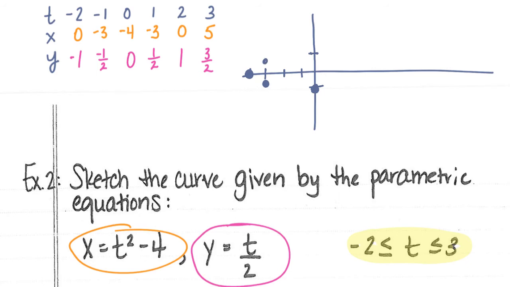There we go. Then I'm at 0, 1. And then I'm at 5 and 3/2. When I graph this, notice it's a parabola that's cut off, so we're not showing arrows.